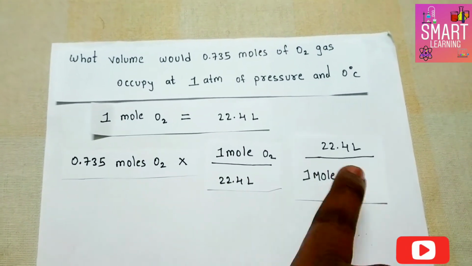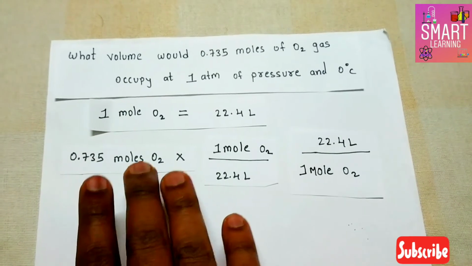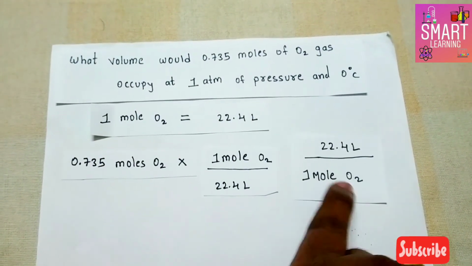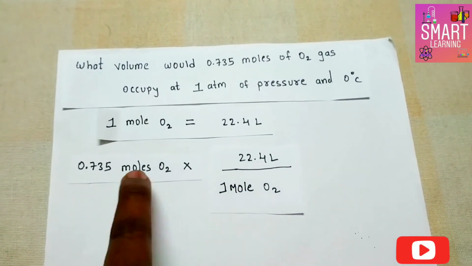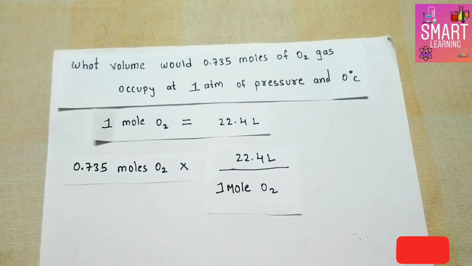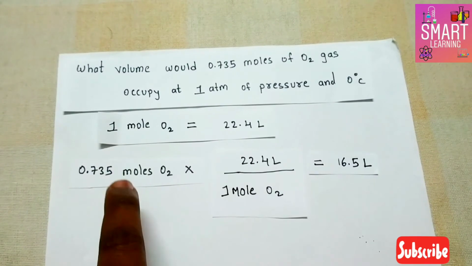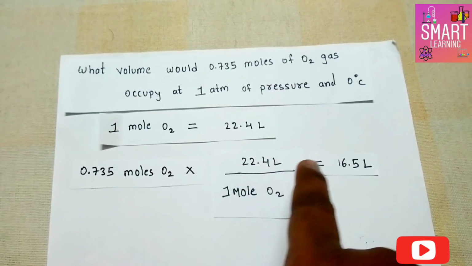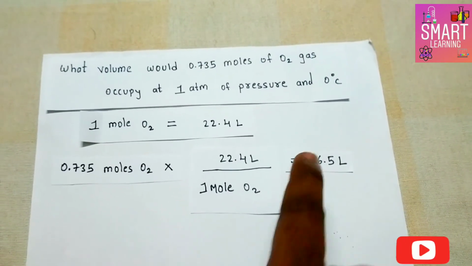Which one? Here the moles of oxygen were given, so the denominator should have the moles of oxygen. This is your formula, because the moles of oxygen will be cancelled and you will get liters. So 0.735 times 22.4 liters is equal to 16.5 liters.